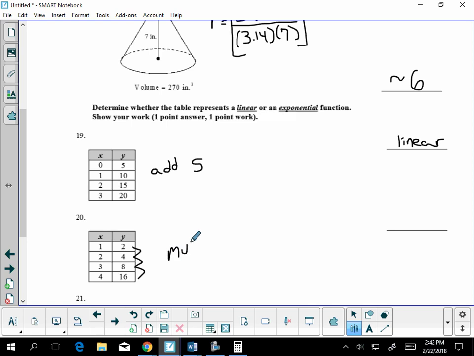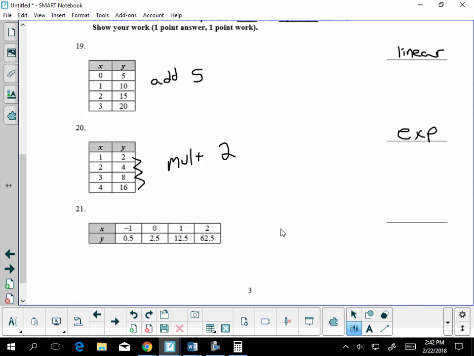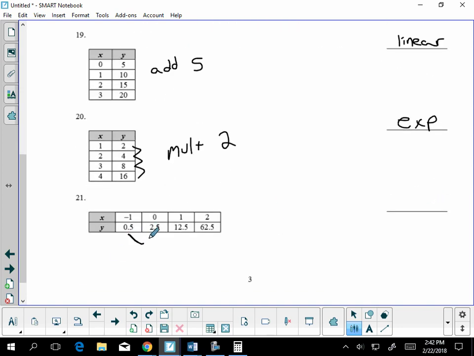You are multiplying by 2. If you're multiplying each time, it's exponential. On 21, you're going from 0.5 to 2.5 to 12.5 to 62.5. You're multiplying by 5. That is going to be exponential.